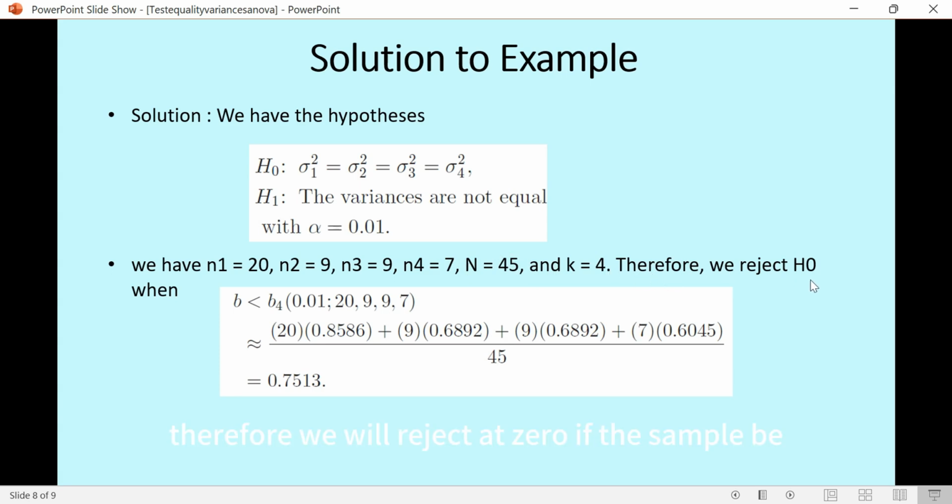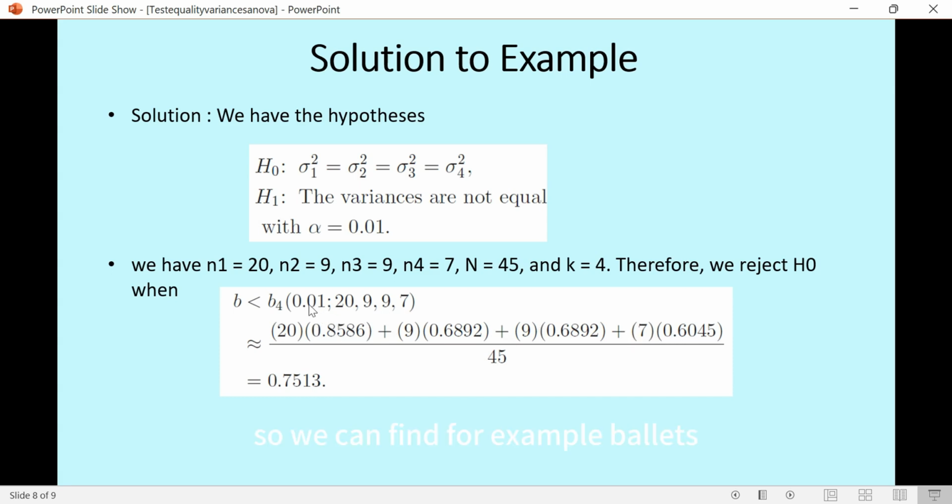Therefore, we will reject H0 if the sample B is less than Bartlett's critical value for 4 groups at 0.01 with these sample sizes. This value can be calculated approximately with a combination of each of the 4 Bartlett critical values from the table.